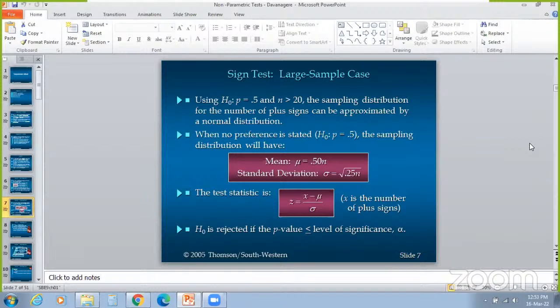Here also you use the plus signs as your observations, and since the number of observations is greater than 20, the distribution approximately follows the normal distribution. Hence we use the two things we noted earlier among the parameters, the mean and standard deviation, but the mean and standard deviation are used in a distinctly different way in non-parametric tests in general, including this sign test.